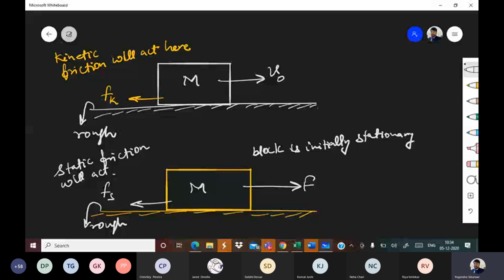So basically the point to be noted is that depending on the situation, friction decides itself whether it is going to be kinetic or static, depending on the requirement. Suppose you are an intelligent person, you have a pen and you also have a gun.